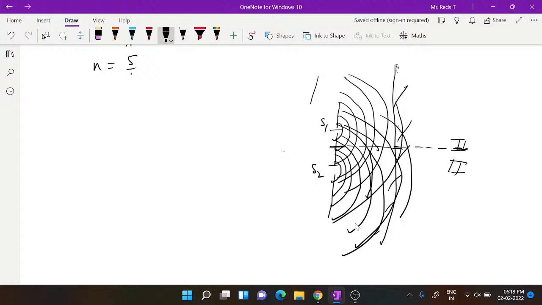Then a dark band is formed, on both sides, up and down. Then again bright bands, then again dark bands, then again bright bands. Likewise, alternate dark and bright bands are observed on the screen.